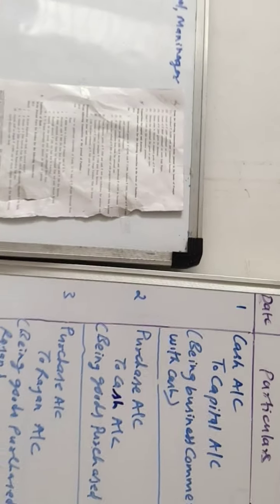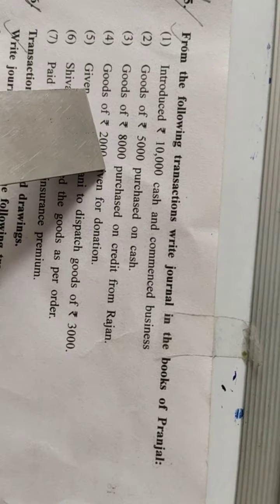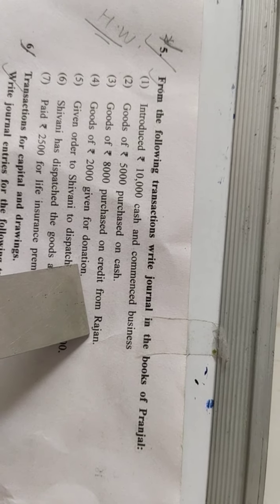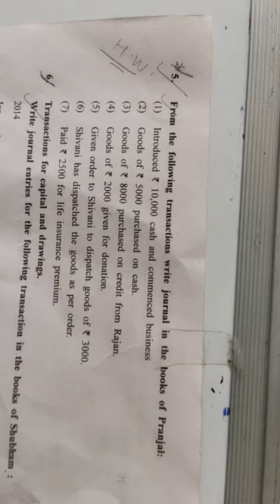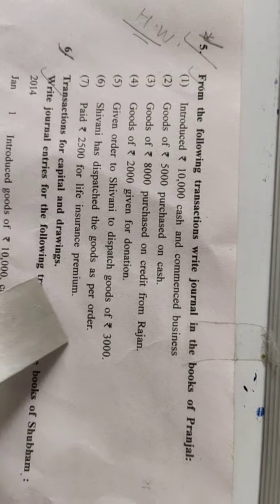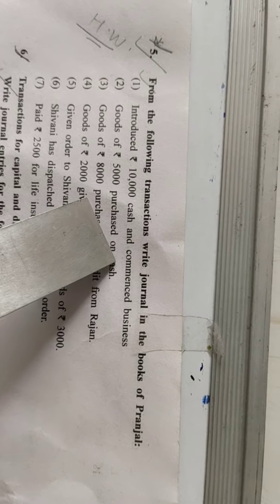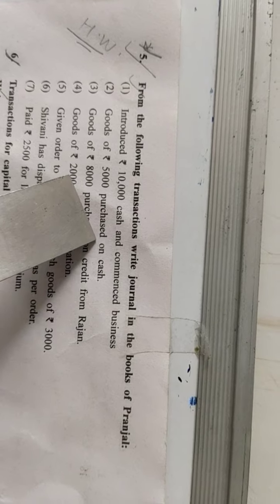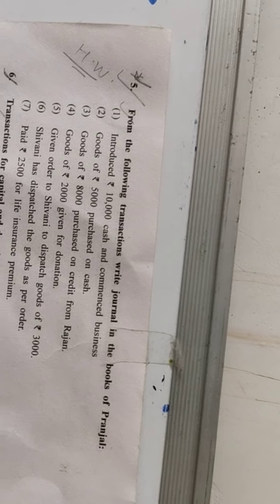Okay, now the third one. Third transaction says goods of rupees 8,000 purchased on credit from Rajan. Now as we know, if the name of the person is mentioned, here they have directly given that the goods are purchased on credit, so no need to explain further. It is clearly mentioned that goods are purchased on credit from Rajan. The two effects will be goods comes in and Rajan is the giver.